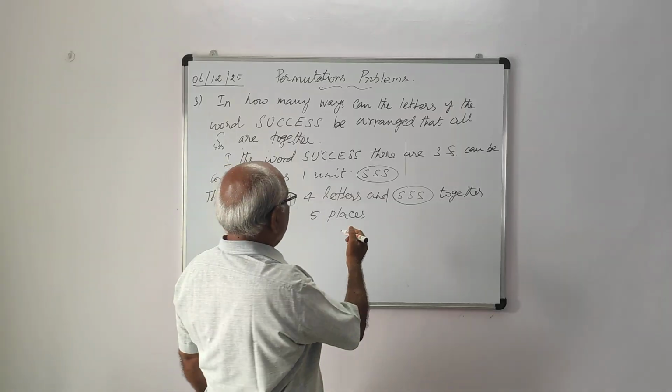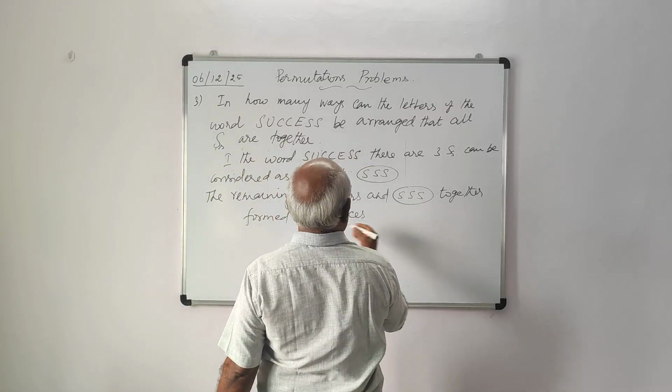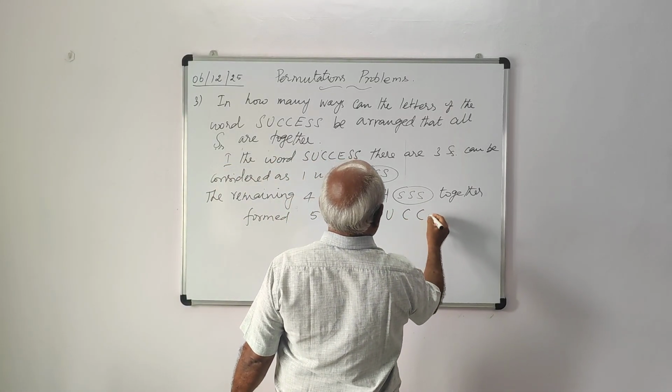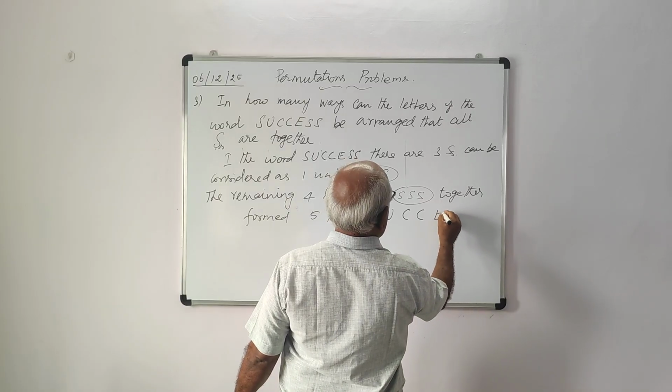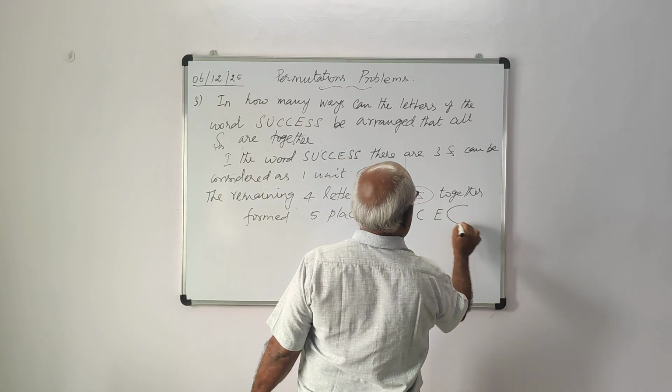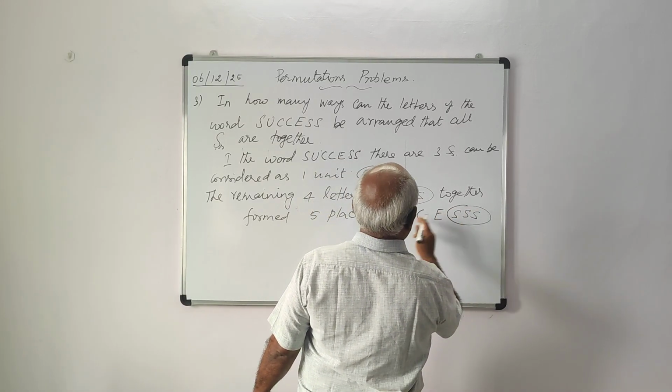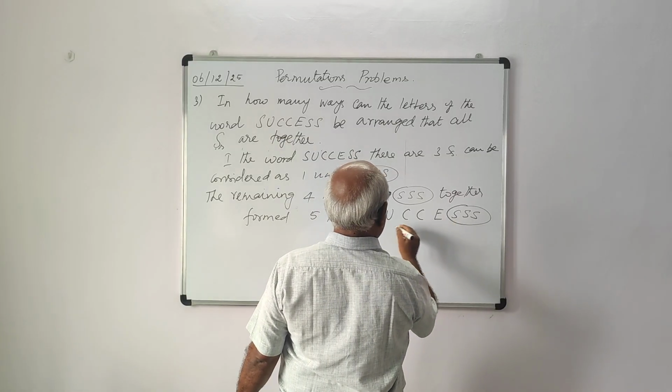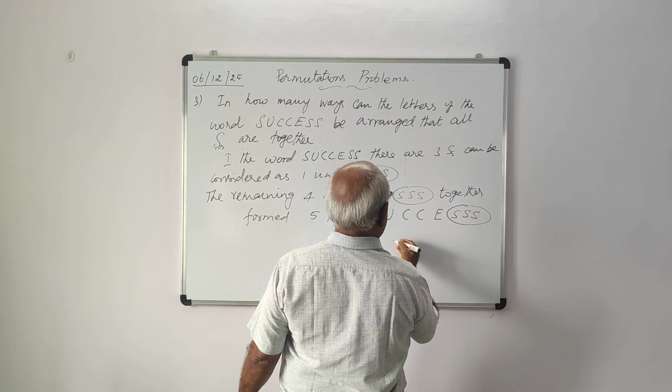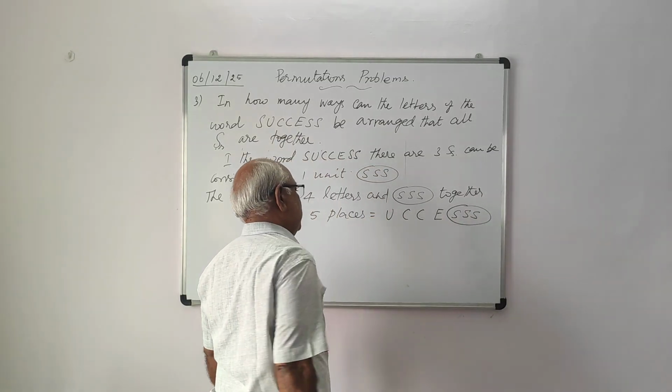Out of these, what are the 4 letters? U, C, C, E. These are the 4 letters, and the 3 S's form 1 more. 1, 2, 3, 4, 5. Totally, these 4 plus 1 are 5 places.